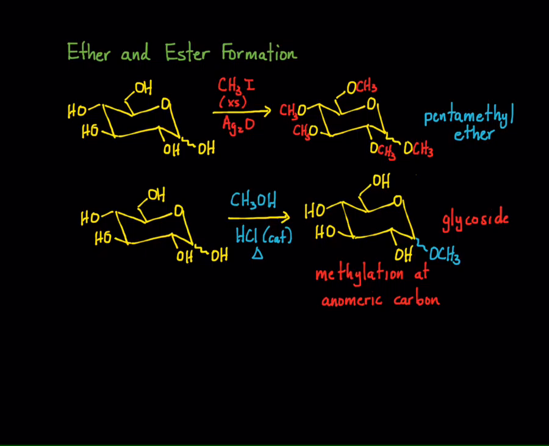So the question is, well, why? Why is it that in acidic conditions, and this is the key, acidic conditions, we only get methylation at the anomeric carbon? Well, the reason why is the same reason as most of the other times, right?